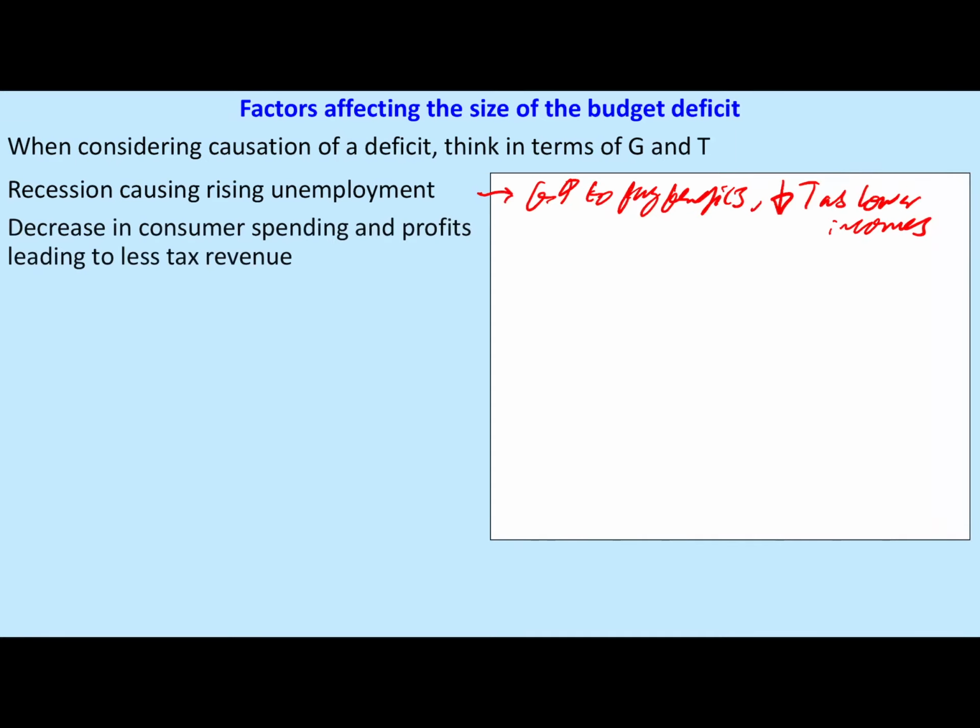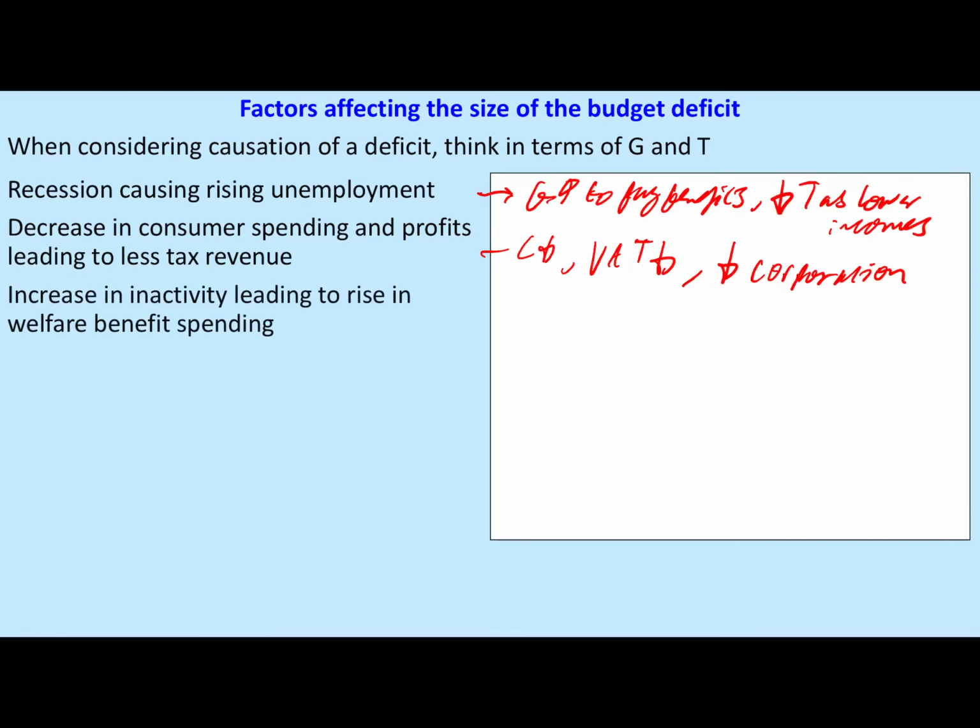A decrease in consumer spending and profits leads to less tax revenue. If C goes down, we'll see a reduction in VAT receipts. And similarly, if there's less spending going on, firms will make less profits and we'll see less corporation tax as a result. And that might lead to a widening deficit as T goes down.